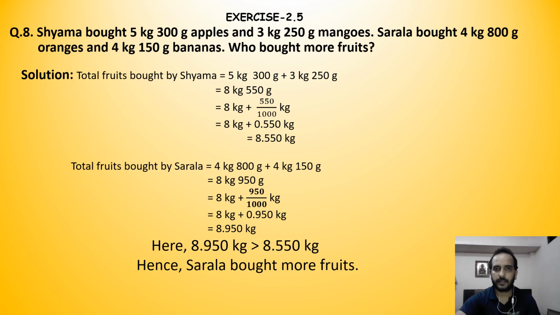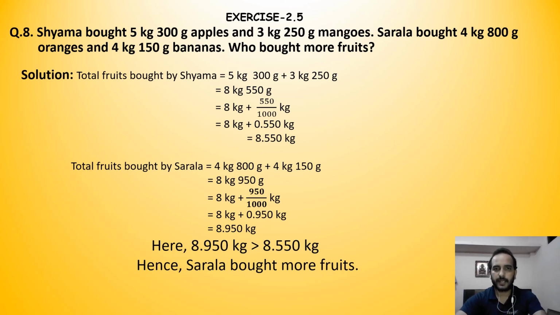We have to add their mass, not weight. Weight is the concept of force, so weight is very different from mass here. So we have the mass of apples 5 kg 300 gram, and the mangoes 3 kilogram 250 grams.